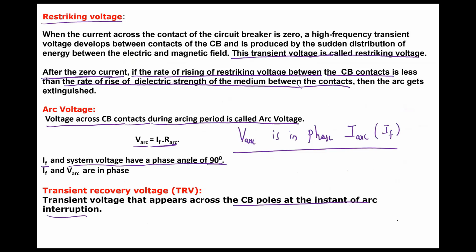The value of this transient recovery voltage is Vm into (1 minus cos of omega n into t), where omega n is equal to 1 by square root of LC. Already we have defined what L and C are. So this is the transient recovery voltage formula.